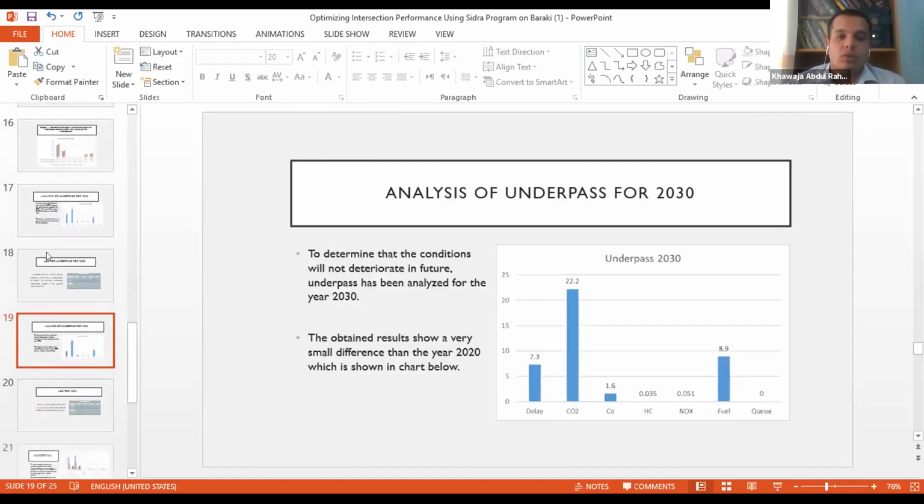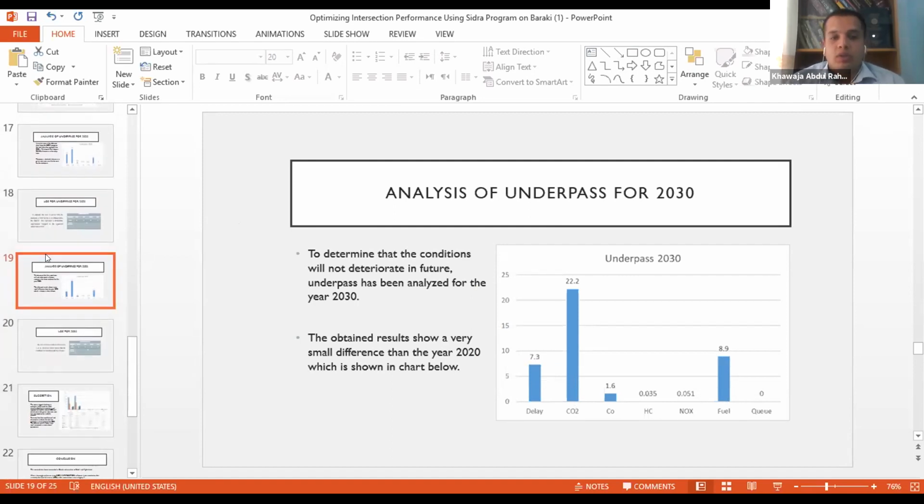Analysis of underpass for 2030. To determine that the condition will not get worse in the future, the underpass has been analyzed for the year 2030 as well.